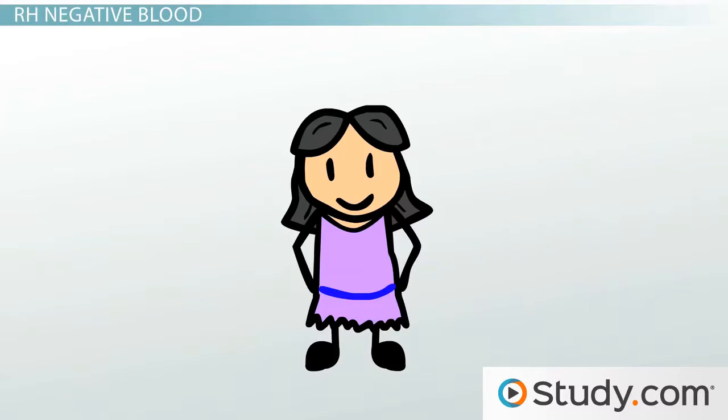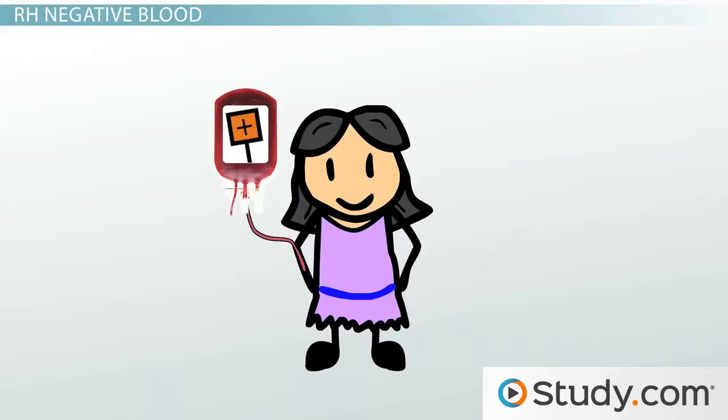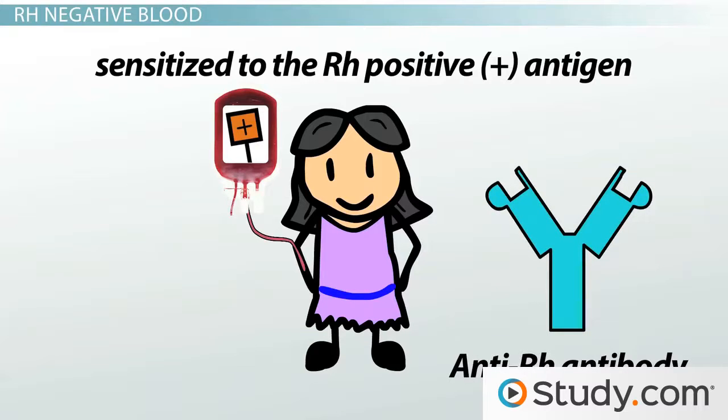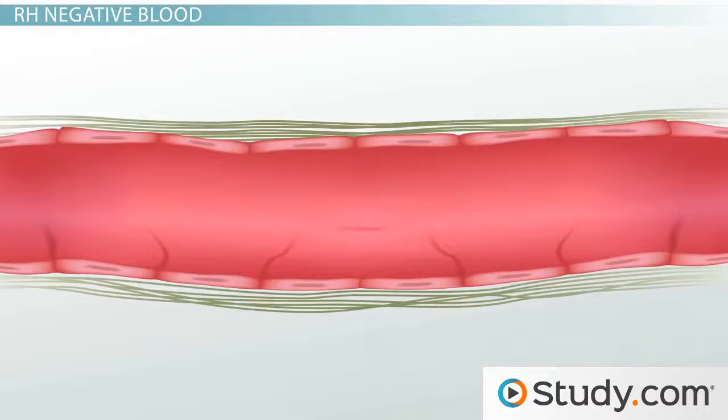However, if this woman gets a bad blood transfusion that contains Rh positive blood, her body will now be primed or sensitized to the Rh positive antigen and start to produce anti-Rh positive antibodies. Because this was the first exposure, there's no real harm done, other than the fact that now she has antibodies floating around in her bloodstream.